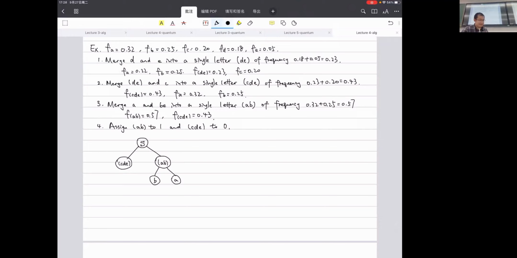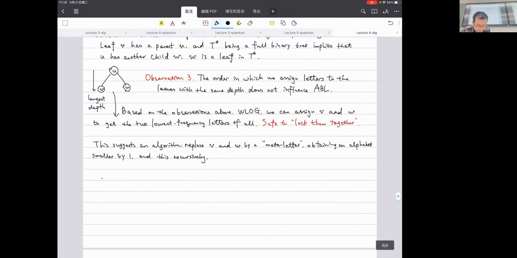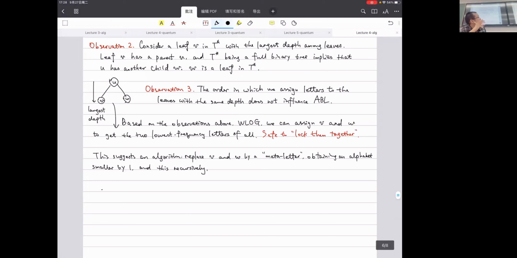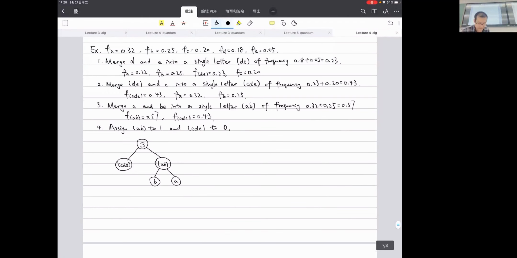As we just discussed in observation 3, at the same level it does not make a difference which one you mark with 0 or 1.